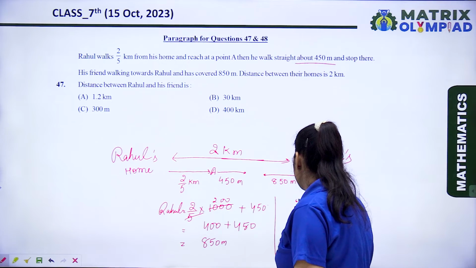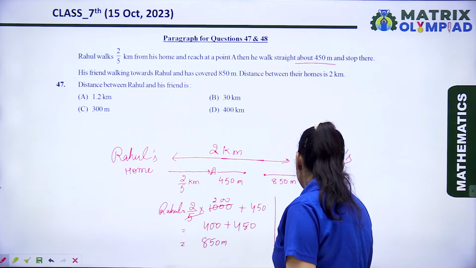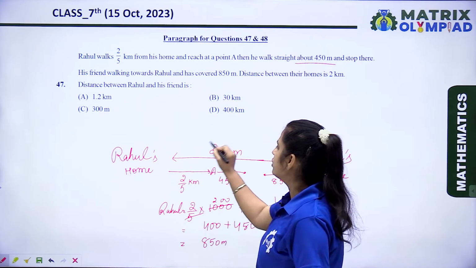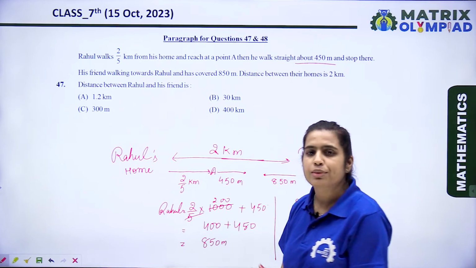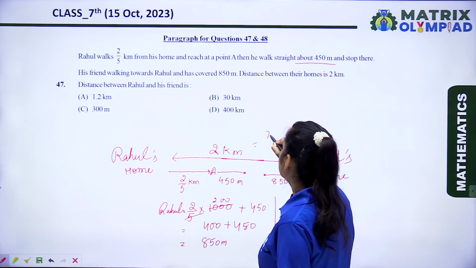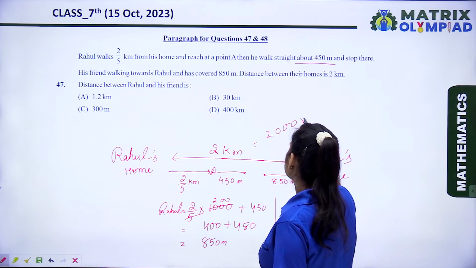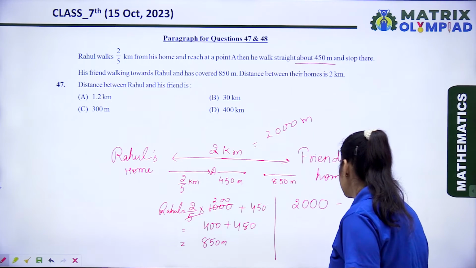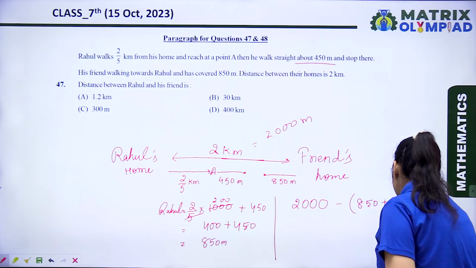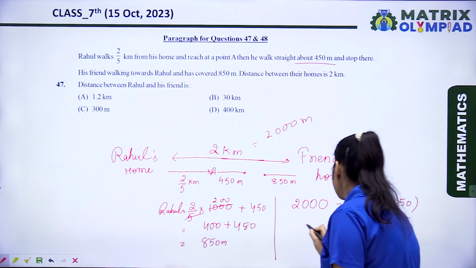And now we are going to subtract 850 plus 850 from this 2 kilometer. And this 2 kilometer is now converted into meter and this will become 2000 meter. तो 2000 meter में से हम subtract करने वाले हैं दोनों का distance 850 plus 850.